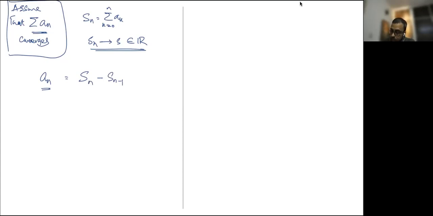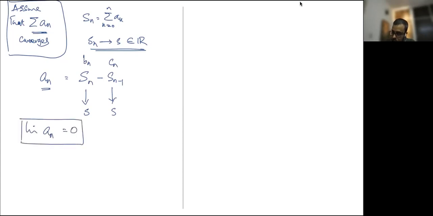And you have assumed that Sn converges to S. So this goes to S. As n goes to infinity, what happens to this? This also goes to S, right? You think of this as one sequence, this as another sequence. So Bn goes to S, Cn goes to S. So where does An go to? This is 0, right?